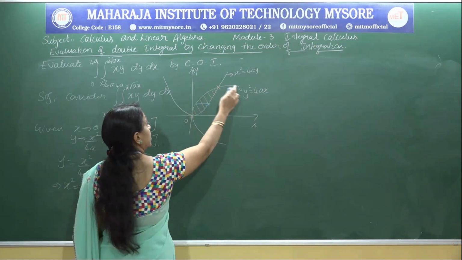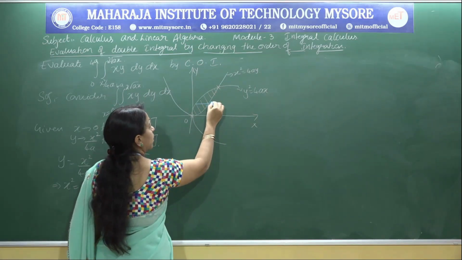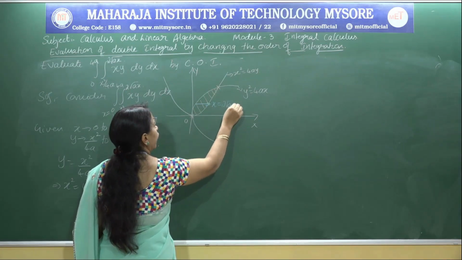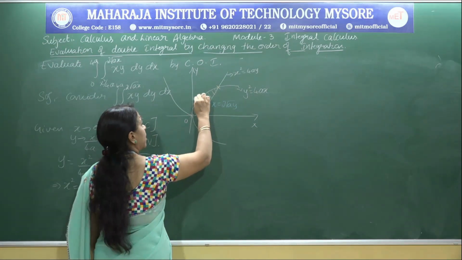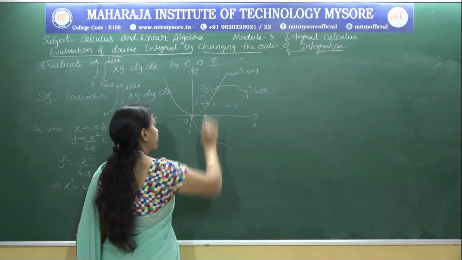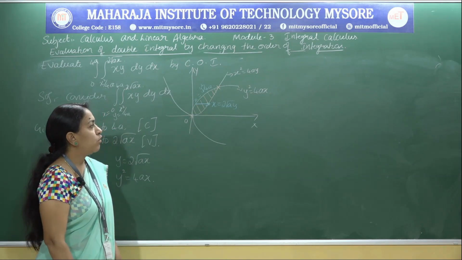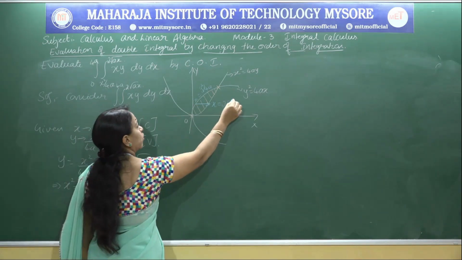So x varies from this parabola to this one. So this parabola is given by x equal to 2 times of root of ay. And this parabola is given by x equal to y square by 4a. So your x limit varies from y square by 4a to 2 times of root of ay, square root of ay.